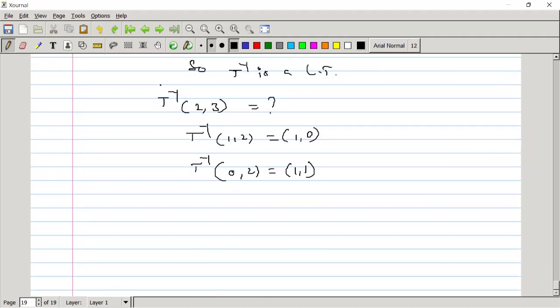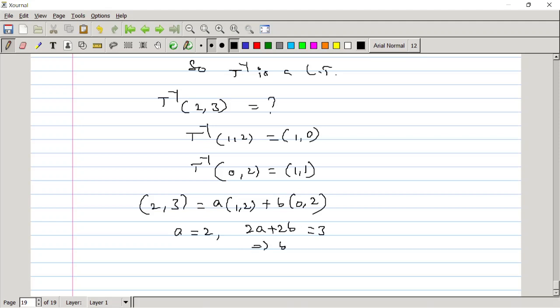Now I think you know how to calculate it by writing (2,3) as a linear combination of (1,2) and (0,2). Firstly, let me write (2,3) as a linear combination of (1,2) and (0,2), a times (1,2) plus b times (0,2). From this we will calculate the values of a and b. So we have a equal to 2, 2a plus 2b equal to 3.